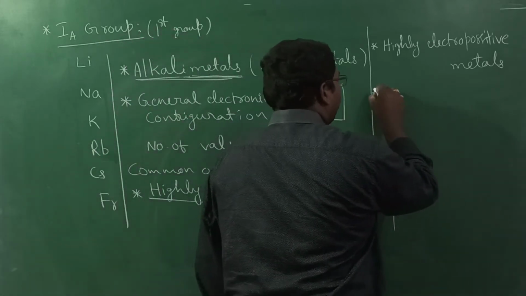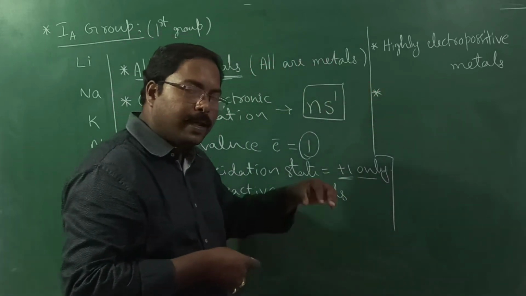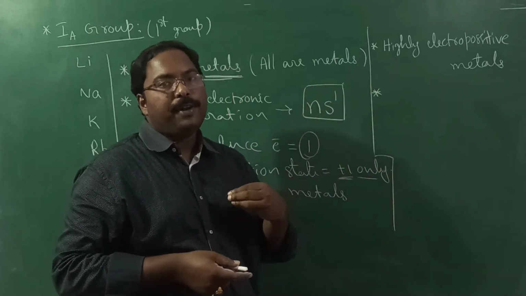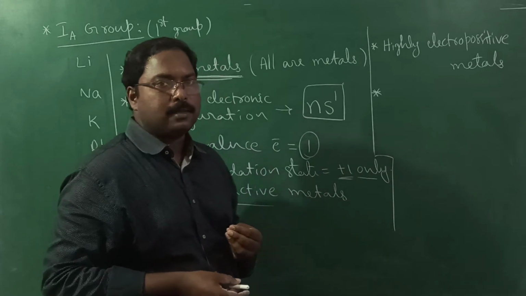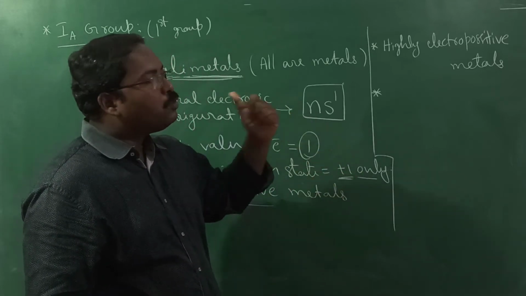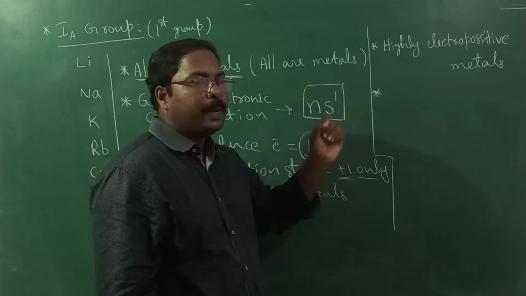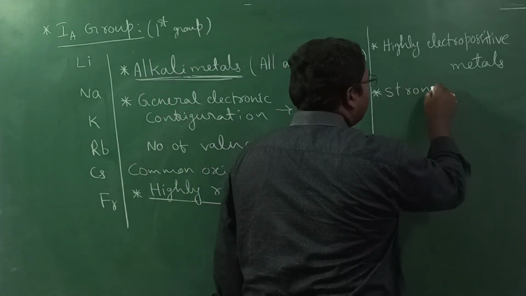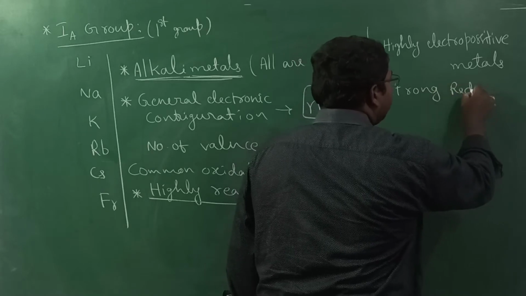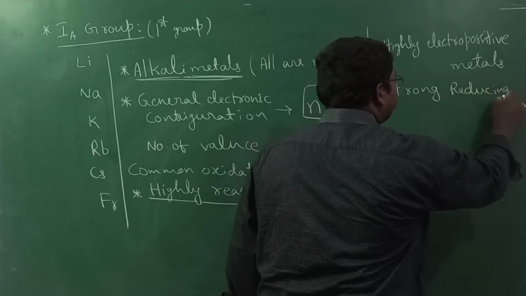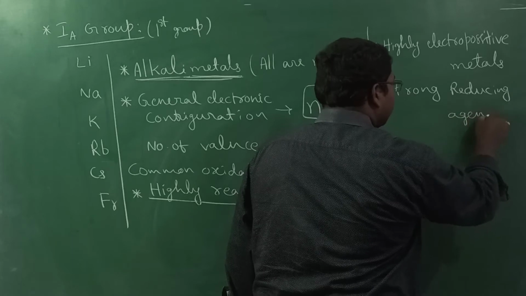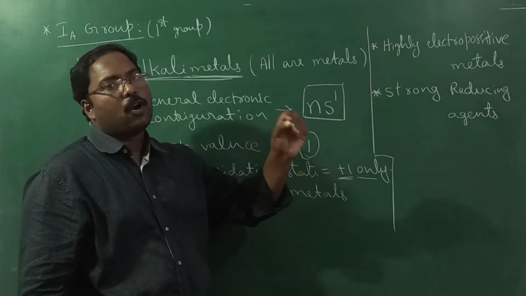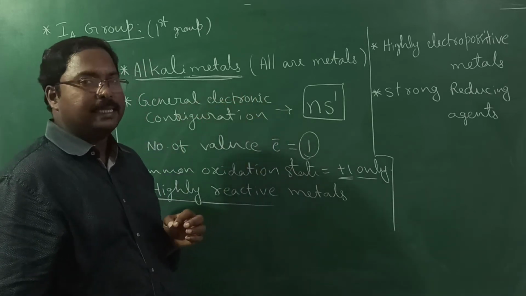What is electropositivity? Electropositivity means the tendency of an element to lose electrons. The tendency of losing electrons is high for these metals. So that is why they act as strong reducing agents. The first A group metals act as strong or good reducing agents.